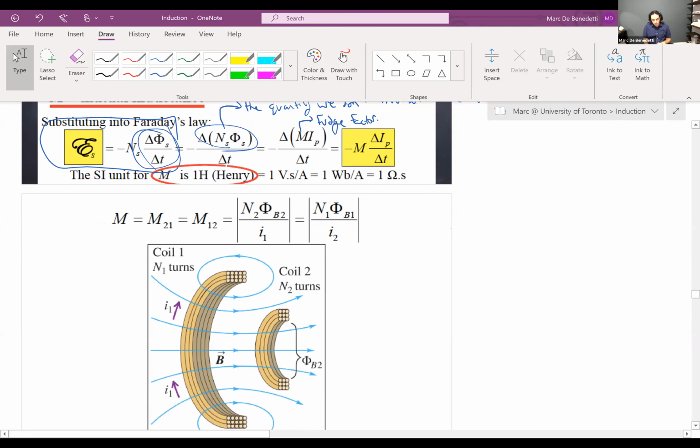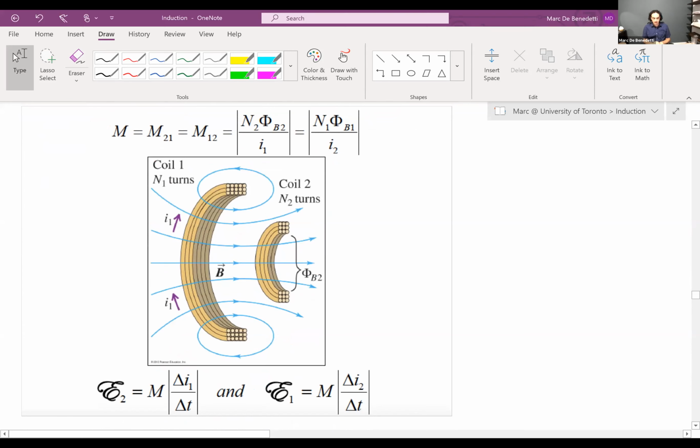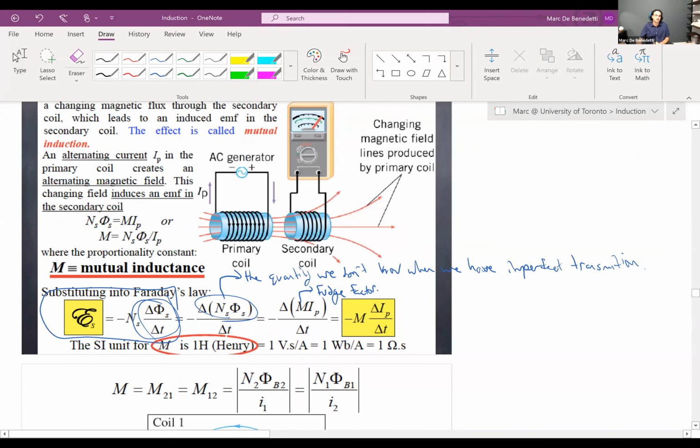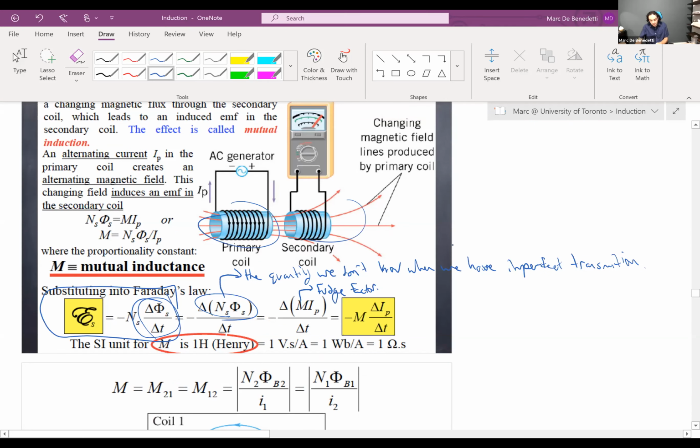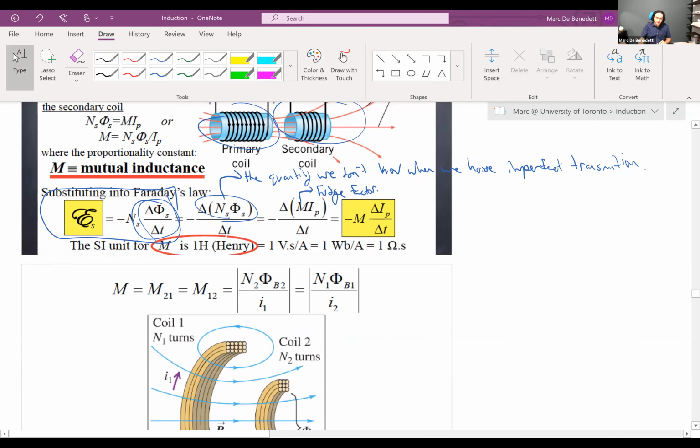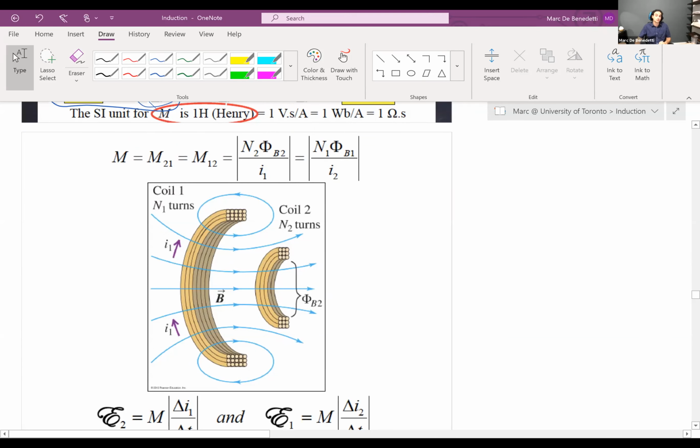Now, a common way in which we can do this is you can place the primary coil inside or around the secondary coil. So in this example here, they're not inside, they're just next to each other, side by side. One common way they can do this, and this is what a Tesla coil does, is they nest the two of them together. They have the primary coil here that has the current and generates the B field.